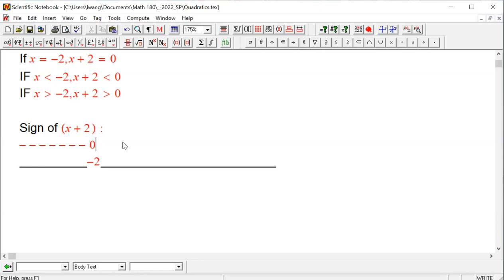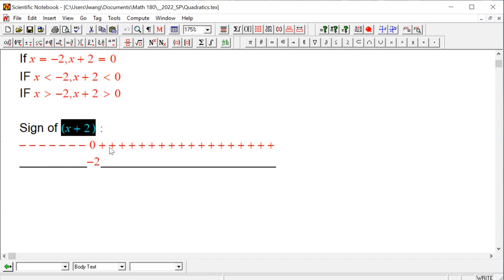And if I choose a value larger than -2, then x plus 2 becomes positive, and positive ever after. For any value you choose less than -2, x plus 2 is going to be negative. When x equals -2, x plus 2 is 0.